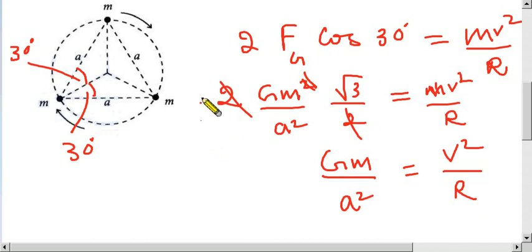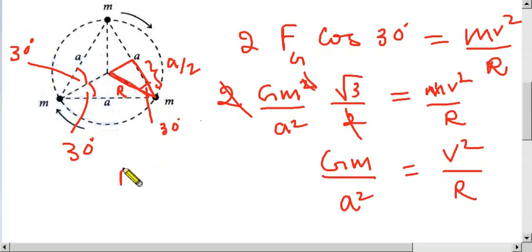Therefore, we have to get the relationship. So making a triangle like this, a right angle triangle like this. So this part is A by 2 because this total length is A, so half of it is A by 2. Then this length is R, and this angle is 30.